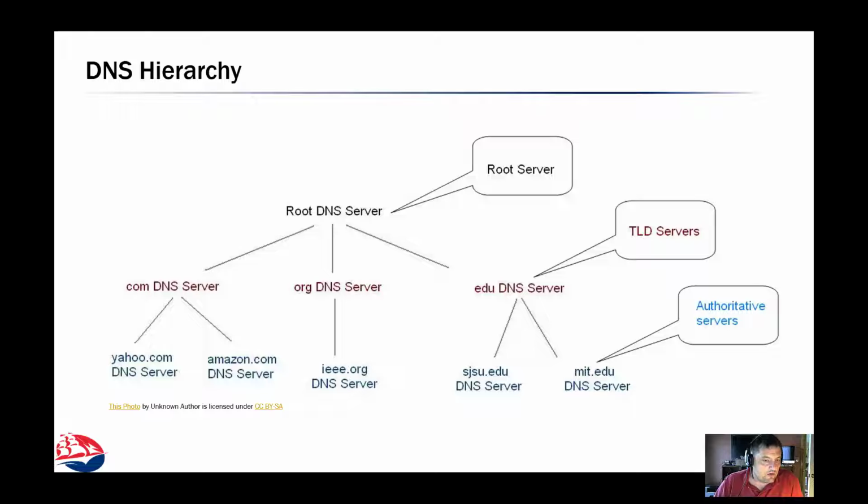And that .org server is going to say, I don't know how to find www.ieee.org. Go ask that guy. And that guy, in this case, should be the DNS server for the IEEE, and when I ask it who its web server is, hopefully it'll tell me. And so you have these 3 layers, the root server, the TLD servers, and then the authoritative servers.